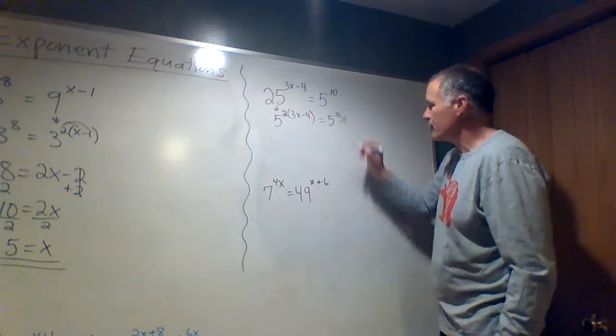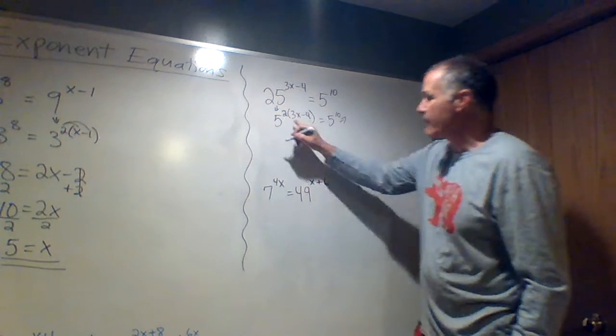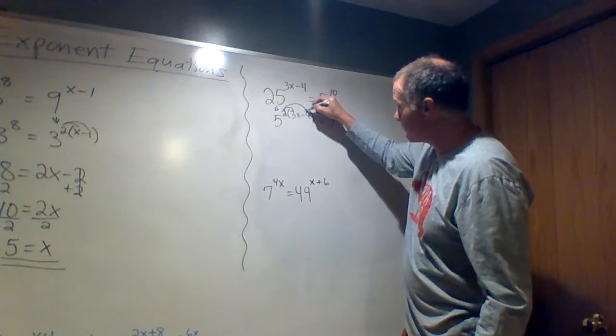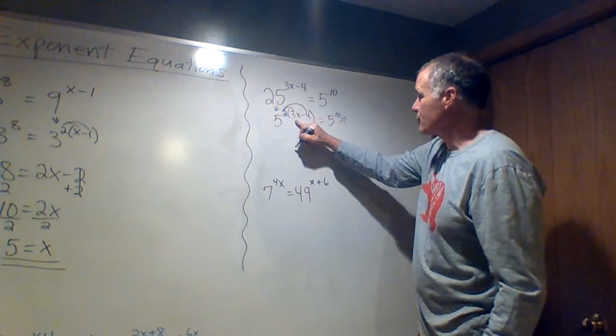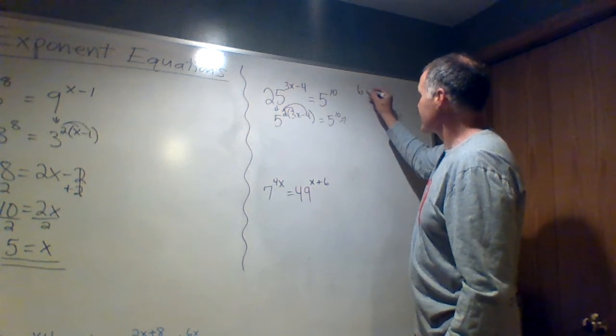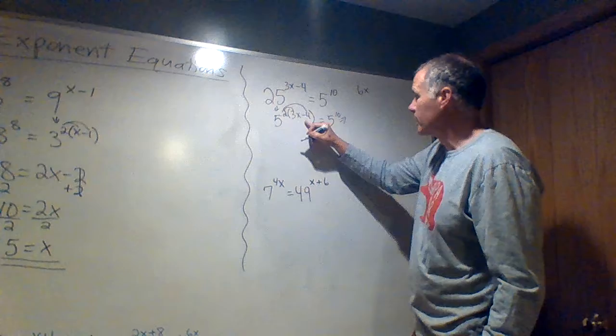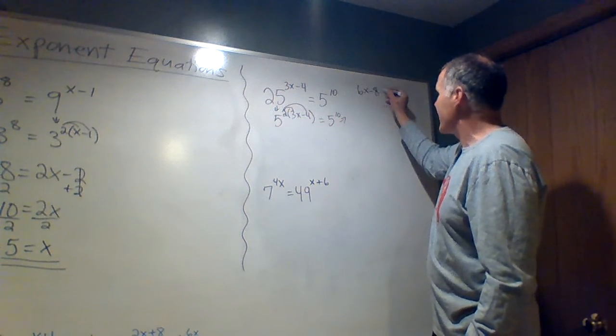Now I'm going to move sideways over here. Remember that 2 now in front of the parentheses, we do that distributive property. So 2 times 3, 6x; 2 times negative 4, negative 8.